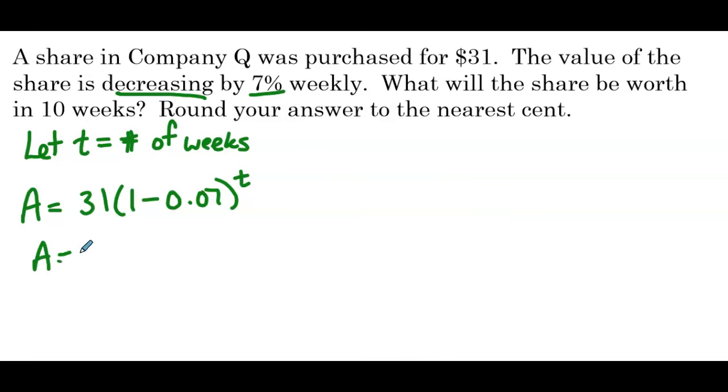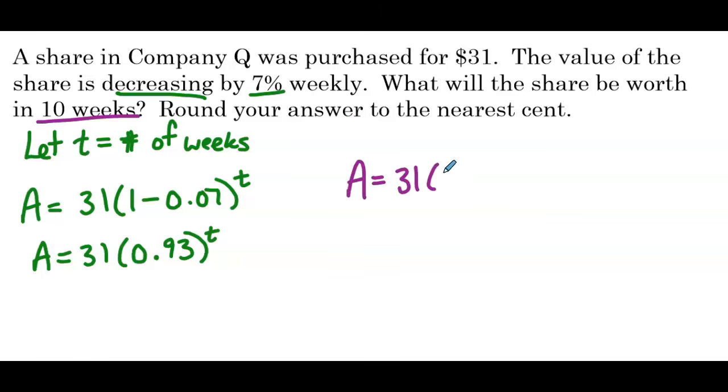So we have a equals 31 times 0.93 to the t as our exponential decay function. And we're looking to determine how much the share will be worth in 10 weeks. So t is 10. So we'll plug 10 in to our function. So 31 times 0.93 to the 10th.